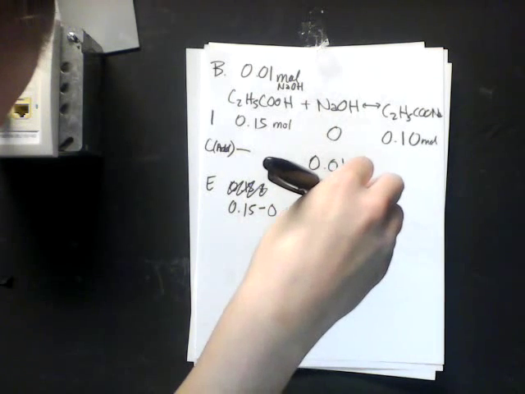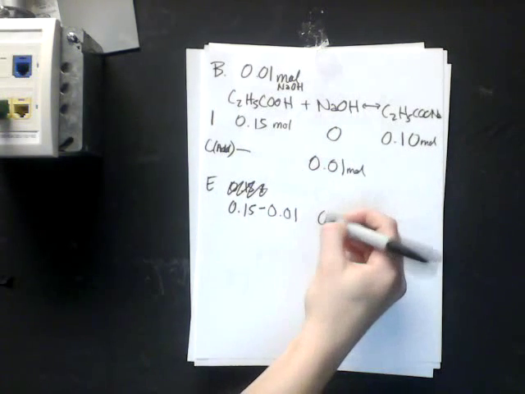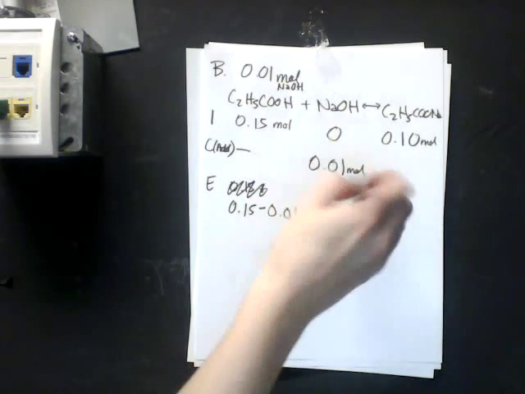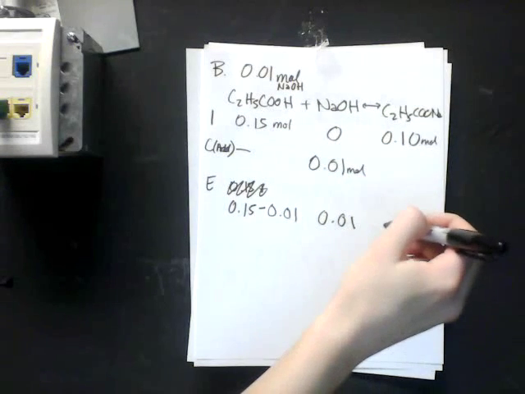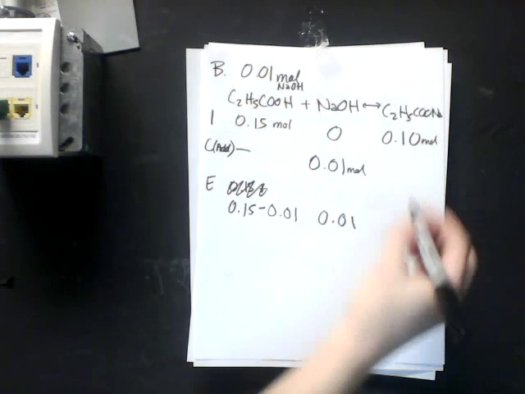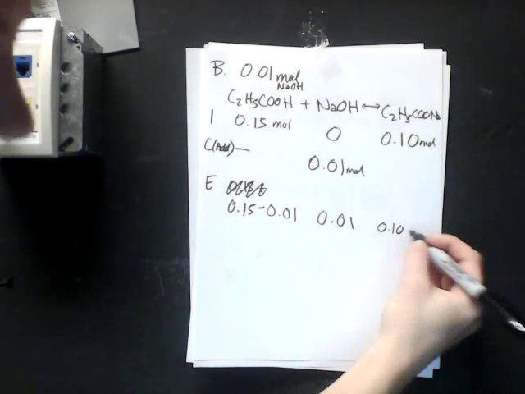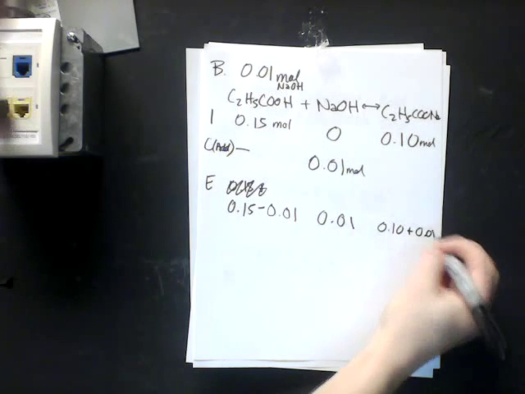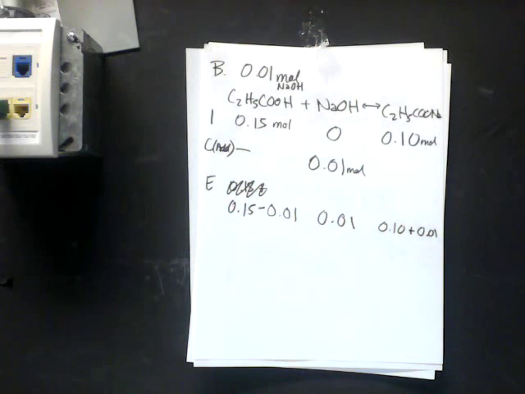Since we're adding it in a middle step, this will just end up being that 0.01. And then this right here will still be the same, 0.1 plus 0.01. Okay?